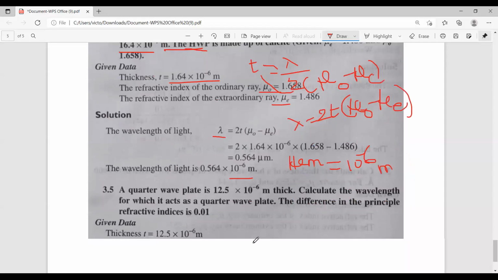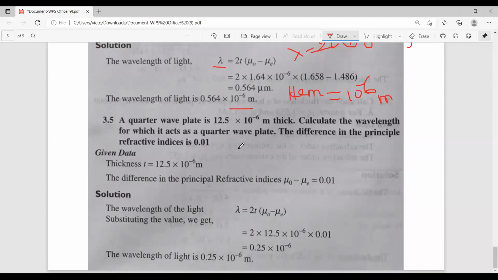The last problem is a similar problem. The quarter wave plate thickness is 12.5 into 10 power minus 6 meters, and calculate the wavelength. The difference in the principal refractive indices is 0.01.